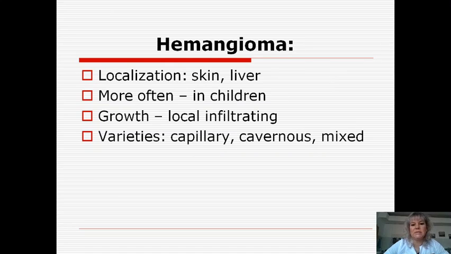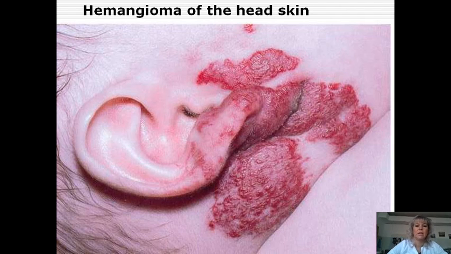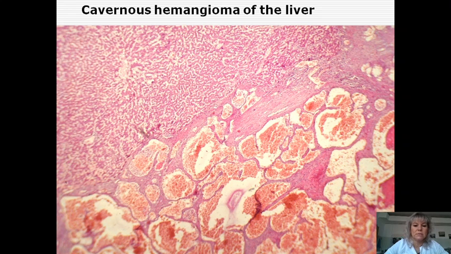Hemangioma, localization more often in the skin and the liver, more often in childhood, growth with local infiltrating and variants capillary, cavernous or mixed variant. In this photo you can see hemangioma of the head skin in the child. Histological examination is cavernous hemangioma in the liver, large cavernous with blood.